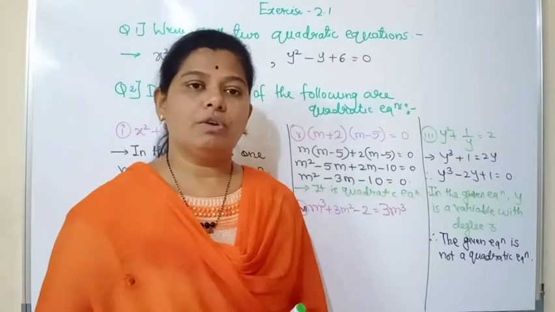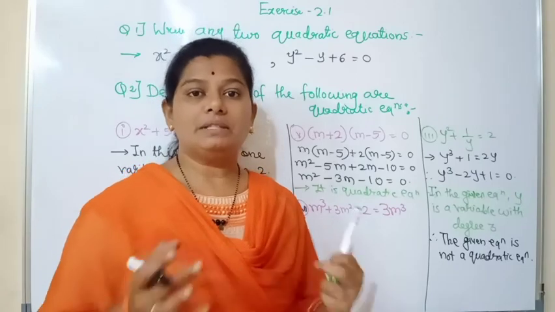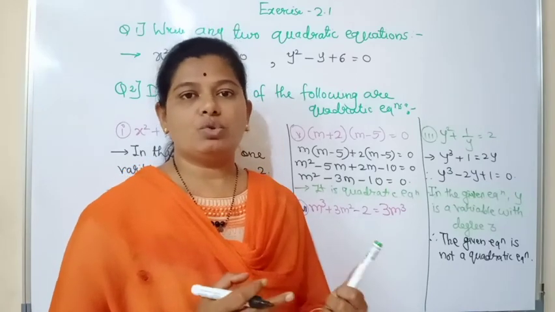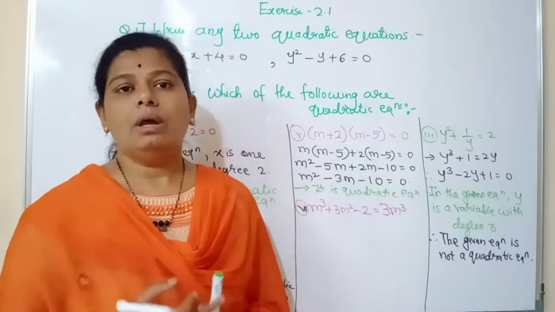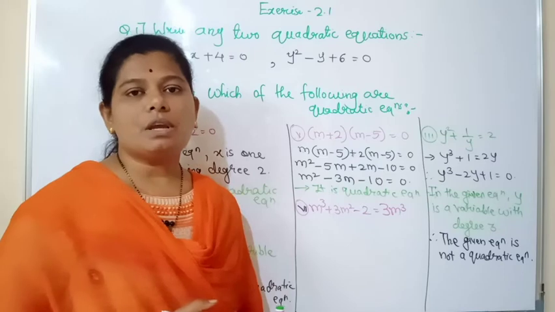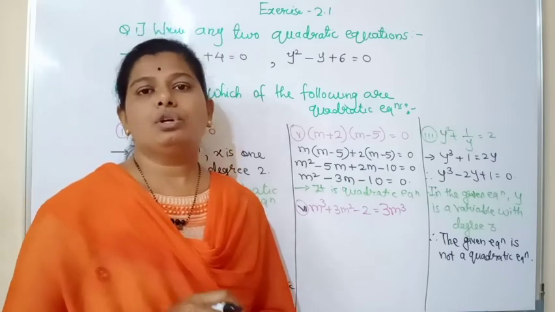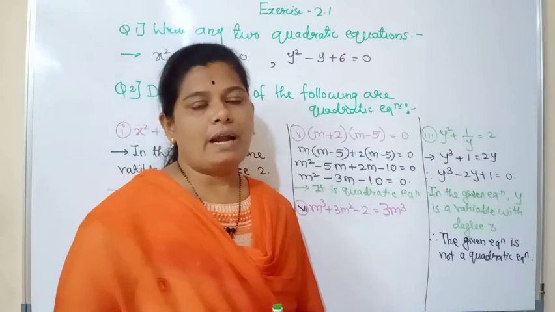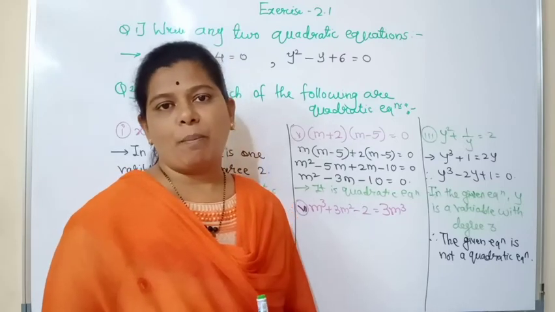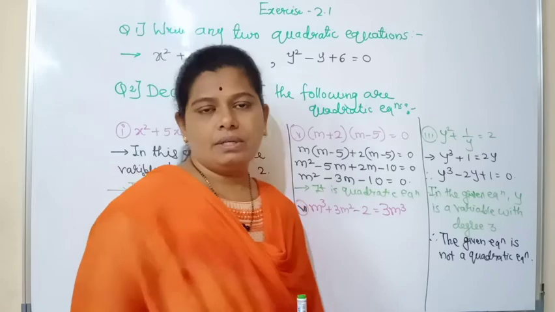By observing the equation only we are able to decide whether the equation is quadratic or not, because in this equation we are able to see the degree 3. As this equation contains degree 3, it is not a quadratic equation. But still, before that, we have to arrange the equation properly, and then we will write the statement.